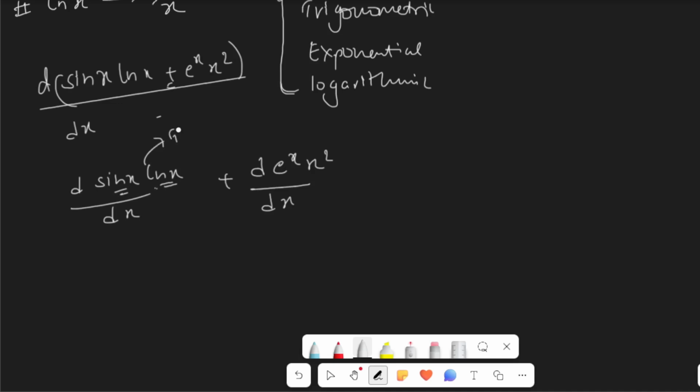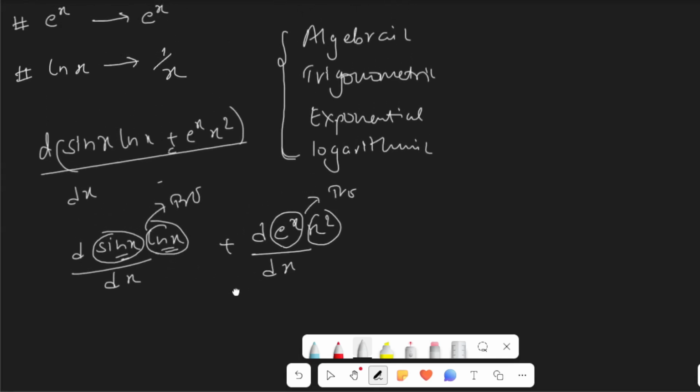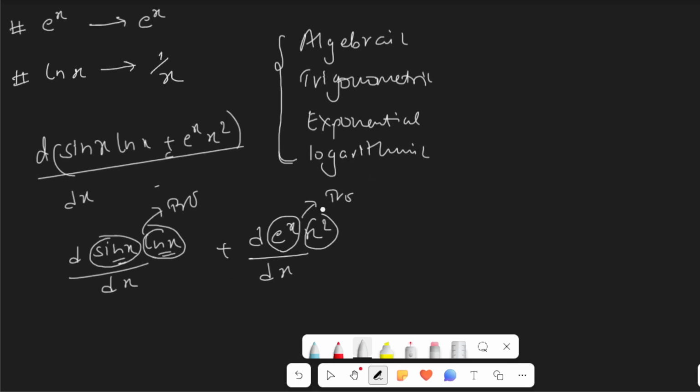So we'll apply product rule here and also another product rule here, because we know what is the derivative of e to the power x. We know the derivative of ln x. We know the derivative of sin x. We know the derivative of x squared. So we'll apply the product rule. Therefore, now we can easily find derivatives of any type of functions by just applying the rules properly.